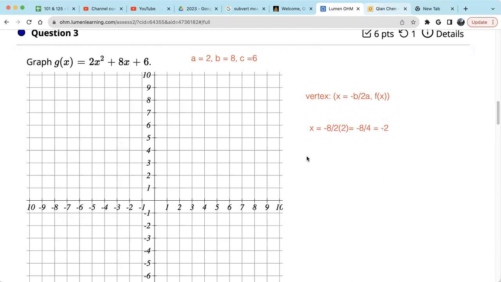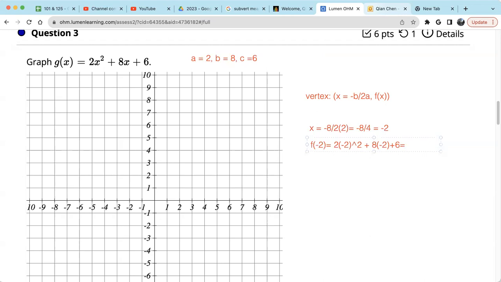Then we evaluate f of -2. Going back to the function, there's 2 times -2 squared plus 8 times -2 plus 6. Just calculate, right? -2 squared is positive 4.